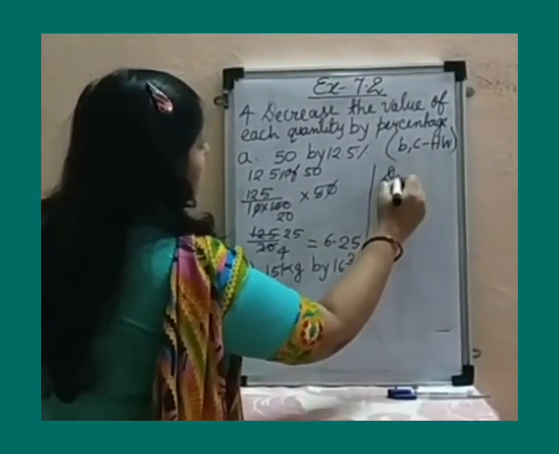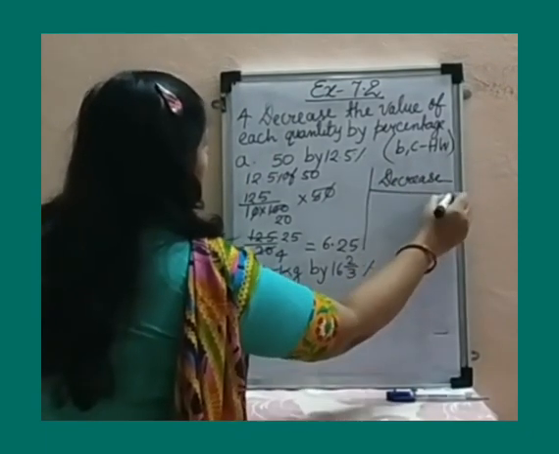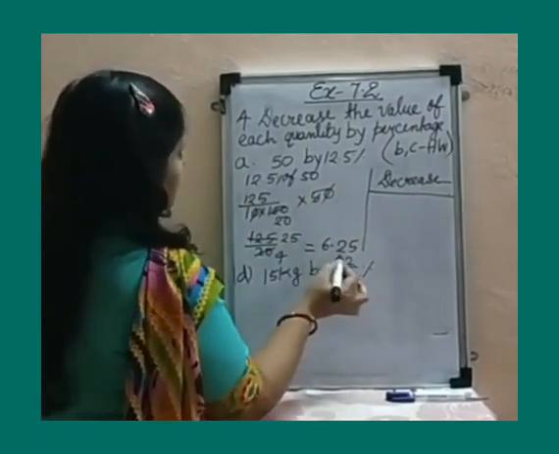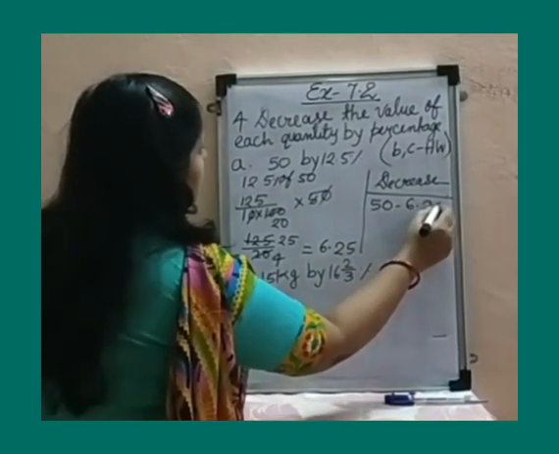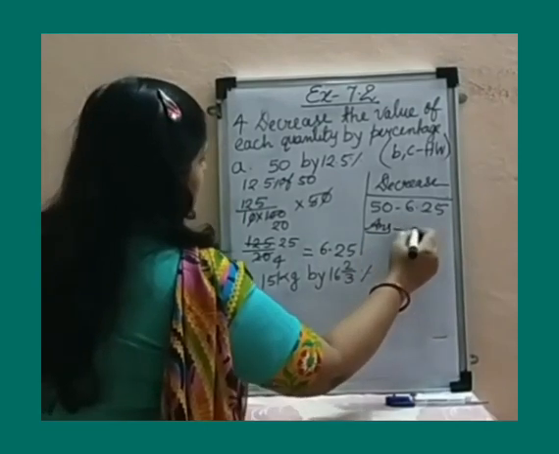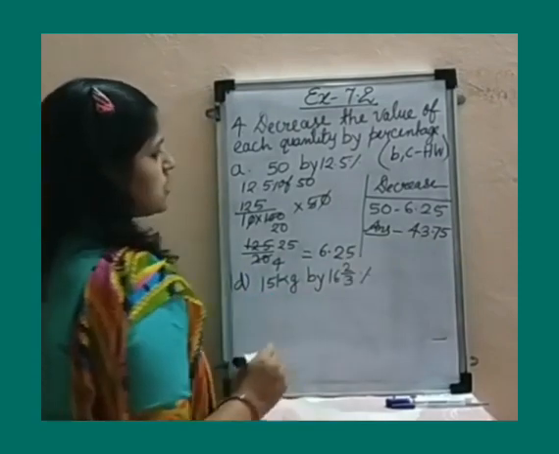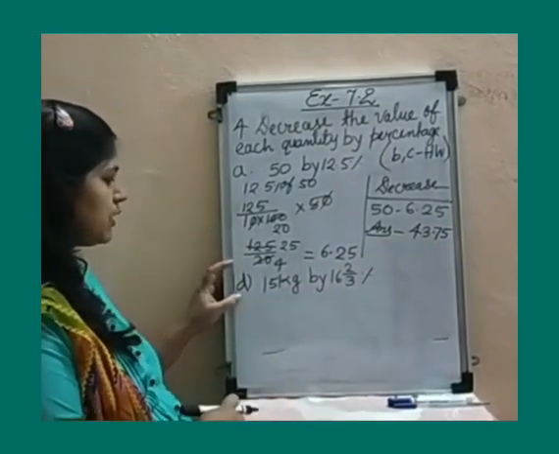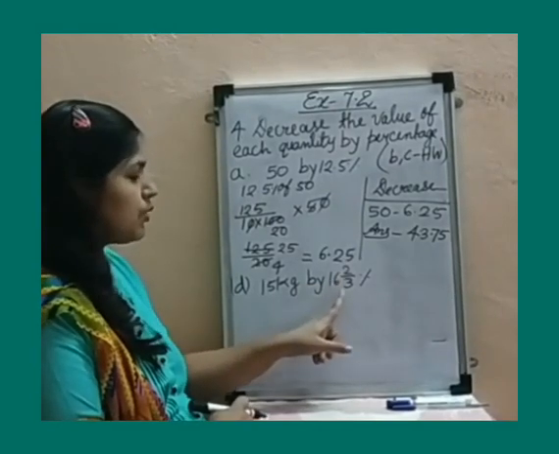That gives 6.25. Decrease the value. It means 50 minus 6.25. The answer is 43.75.